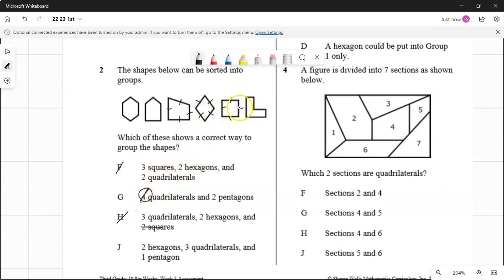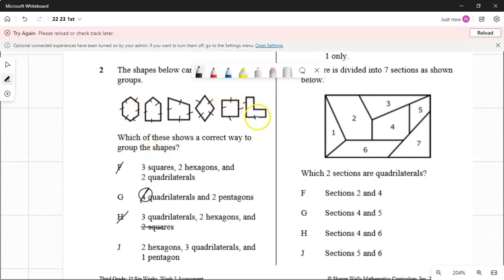Or 4 quadrilaterals, because this has 1, 2, 3, 4, 5 sides. That's a pentagon, and this one is a hexagon. 1, 2, 3, 4, 5, 6, and this one is 1, 2, 3, 4, 5, 6. So that's a hexagon too. Appears there's 2 hexagons, so it's not that one.